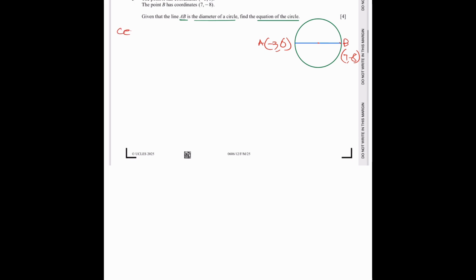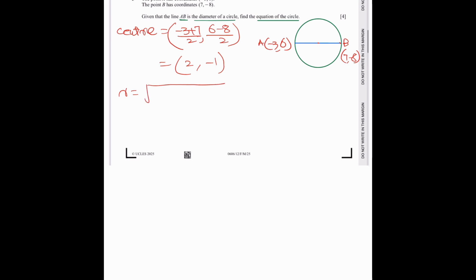This is the center of the circle. So first of all, we will find the center by using the midpoint. Minus 3 plus 7 over 2, 6 minus 8 over 2. So minus 3 plus 7, 4 over 2 is 2. 6 minus 8 is minus 2 over 2 is minus 1. Now find out the radius.